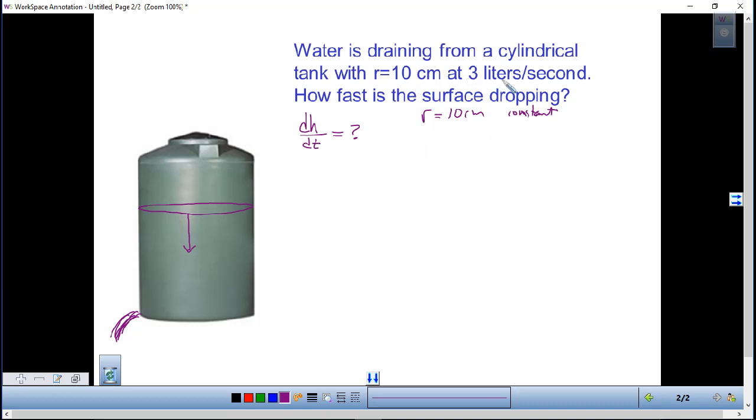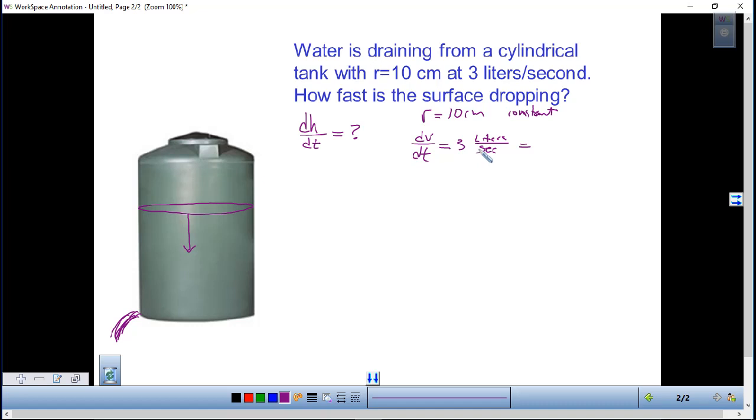All right, and then what do we know about the 3 liters per second? Well, that is your dV dt. Now, with the liters here, liters and centimeters don't play real well together, so you're going to have some way that you can get common terms that can cancel out.